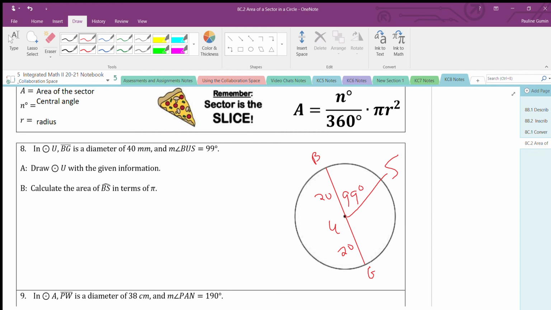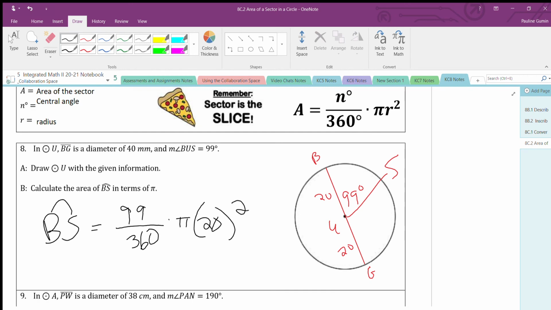Let's calculate the area of BS. So we're looking at that sector, which is 99 degrees. So we have 99, that's N for our central angle, over 360 times pi, and then our radius is 20 squared.